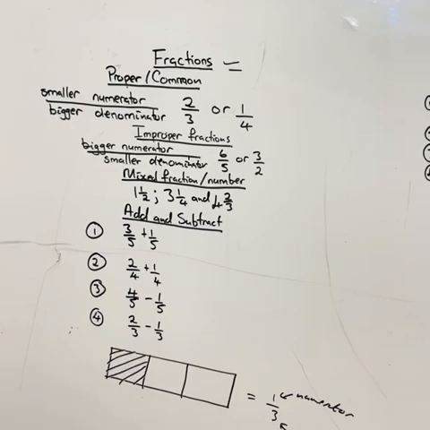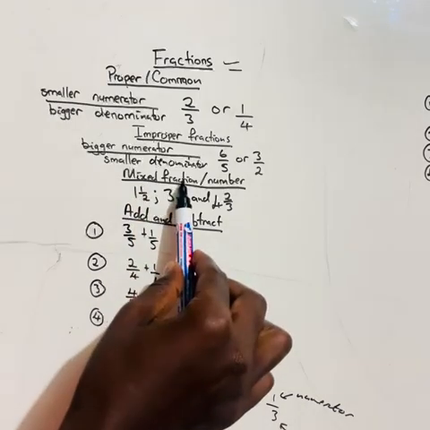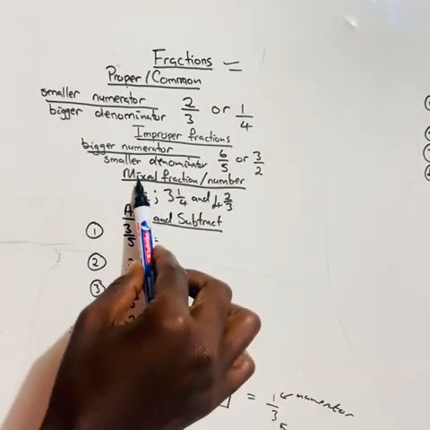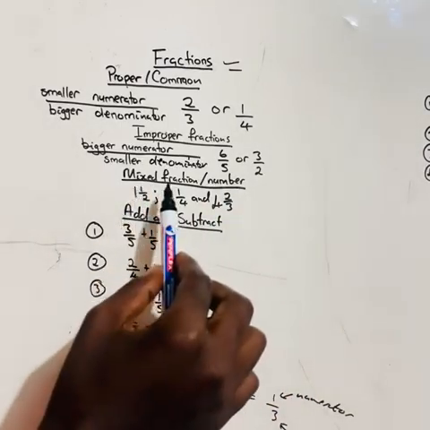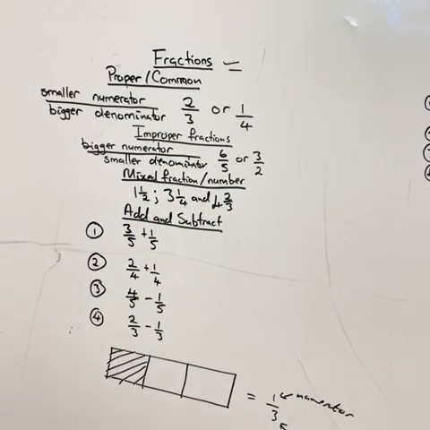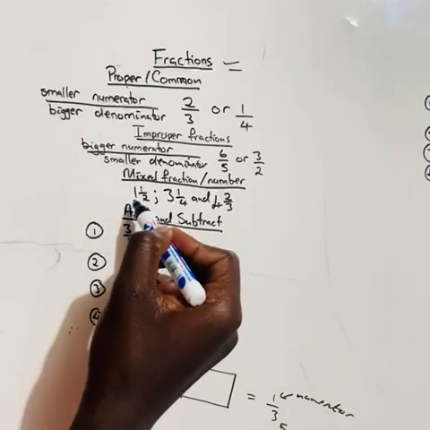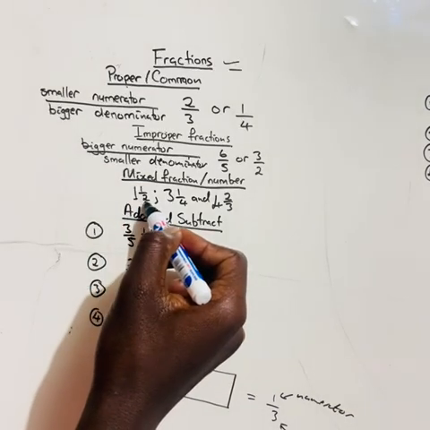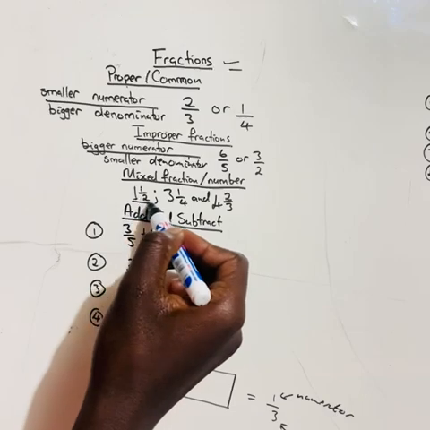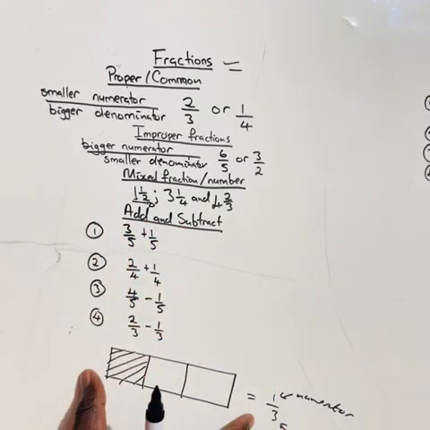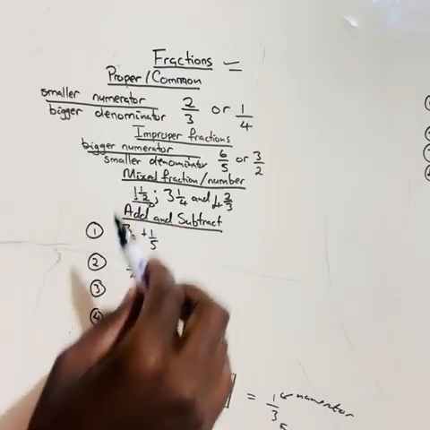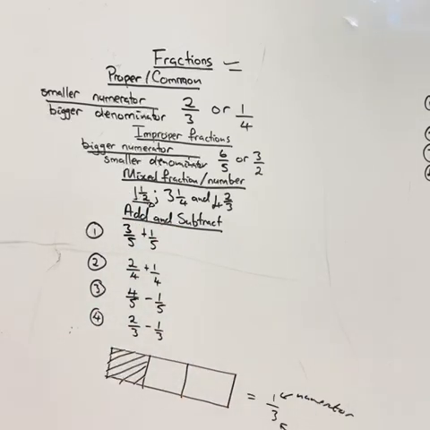Then, last but not least, we've got what is called a mixed fraction or a mixed number. What happens now? Mixed, we're now saying that things are not the same. We have got 1 whole number and a half. So we've got 1 and a half. The first part is a whole number, something which is full, and then the other one is a fraction which is part of something.